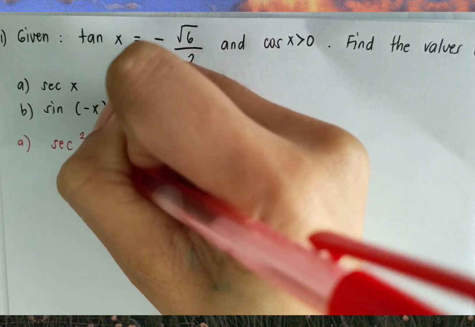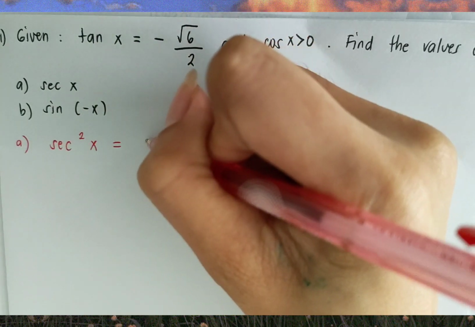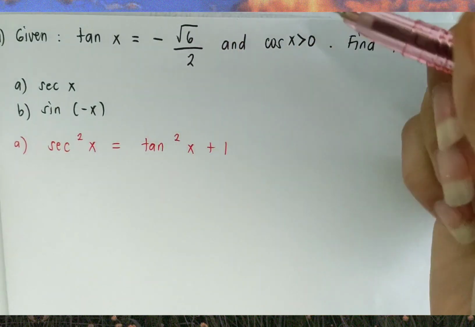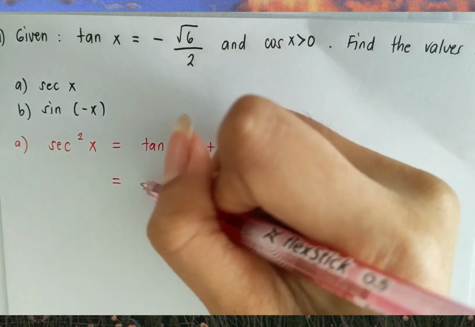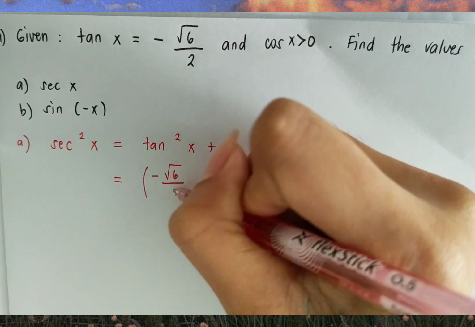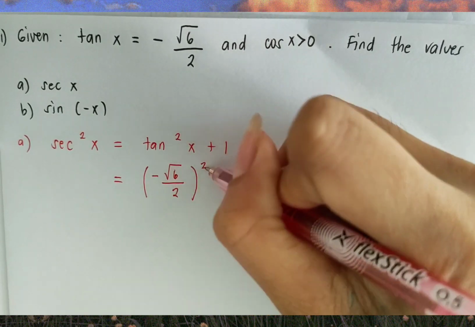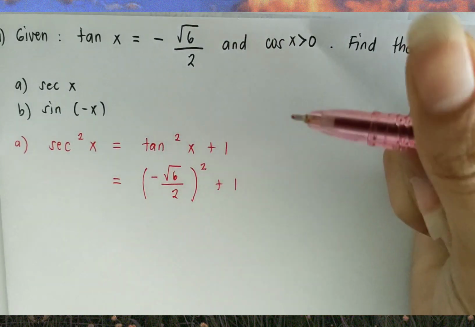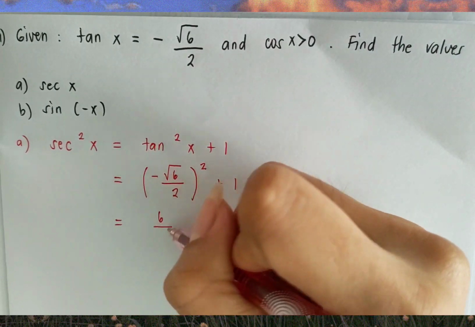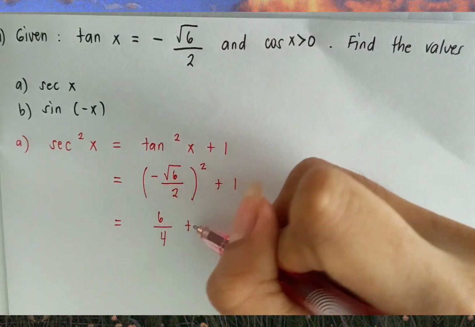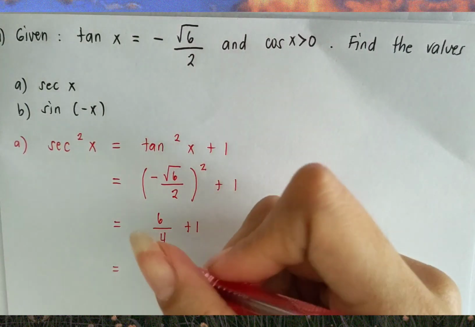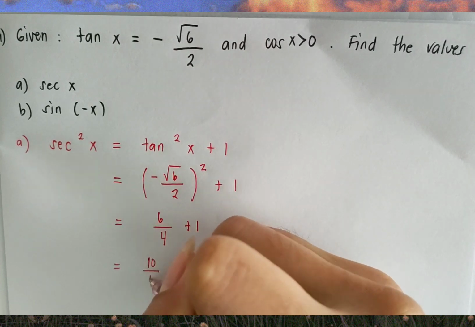Secant squared x is equal to tangent squared x plus 1. So this will be negative square root of 6 all over 2 squared plus 1. So we have here 6 all over 4 plus 1, which is 10 all over 4.